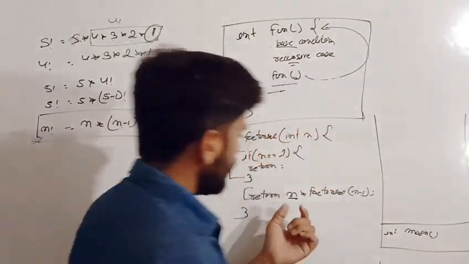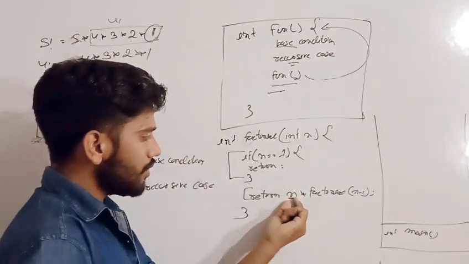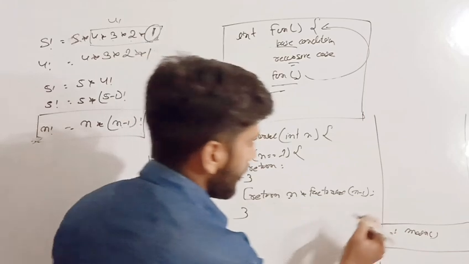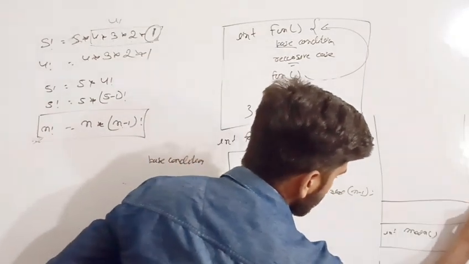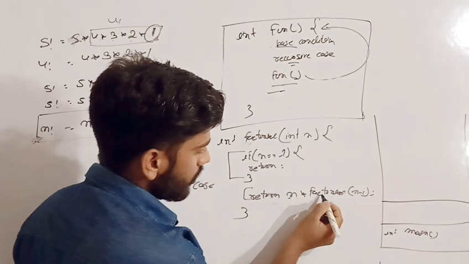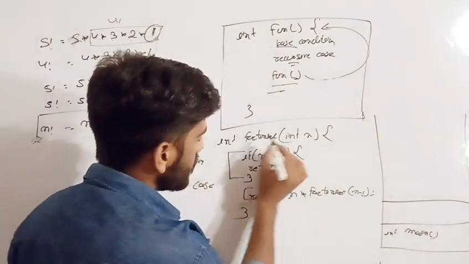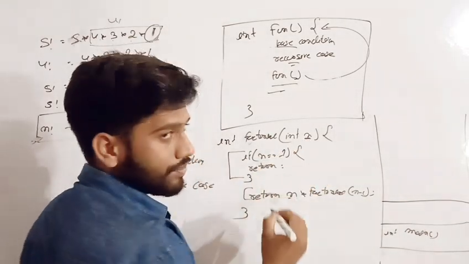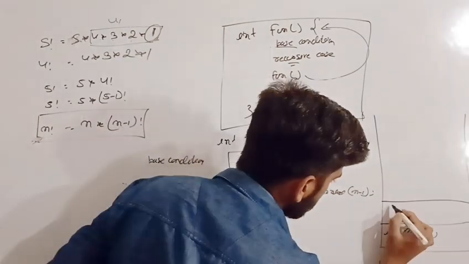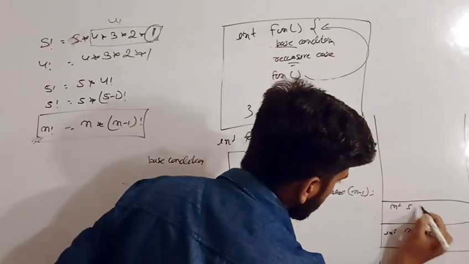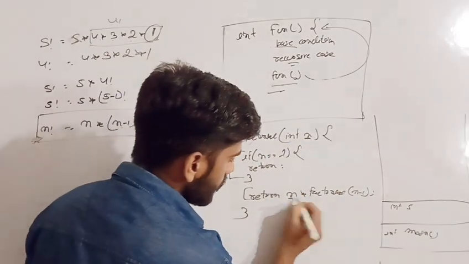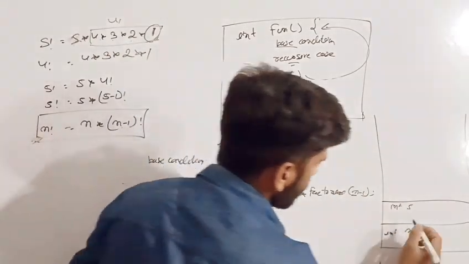When this recursive function is called, a stack frame will be created, starting with n into factorial of n minus 1, so starting with 5. Suppose n is equal to 5, then 5 into factorial of 5 minus 1.